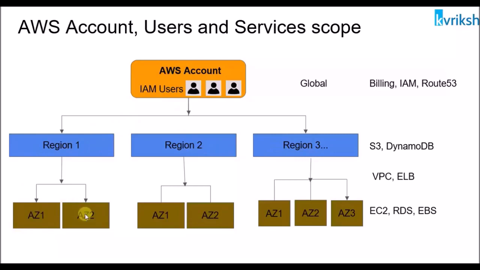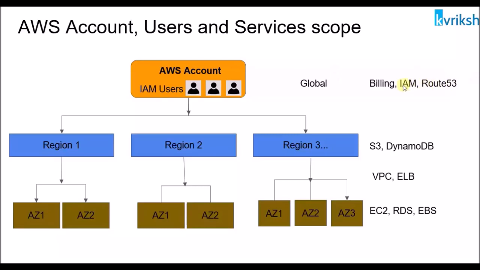Now in AWS, there are different services and they have different scope with respect to region, AZs or account level. For example, the billing service works at an account level. That means at the end of the month you get one AWS bill which you have to pay.